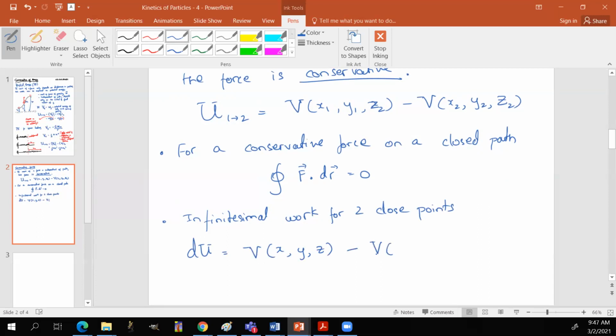But we're saying that they're infinitesimally close. So you'll have x plus dx, y plus dy, and z plus dz, like that, right?